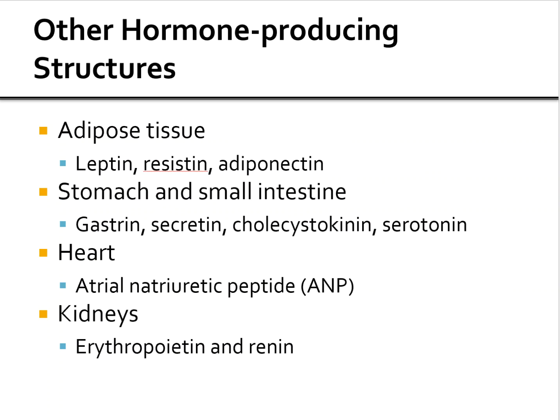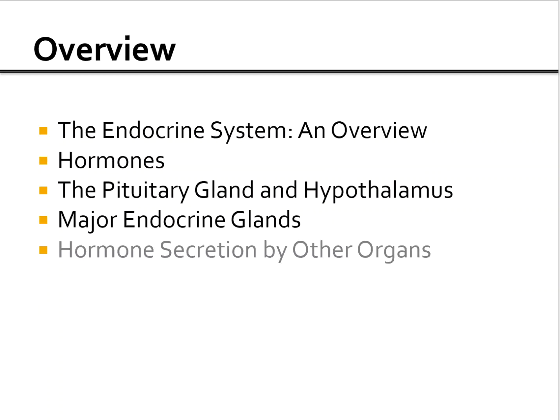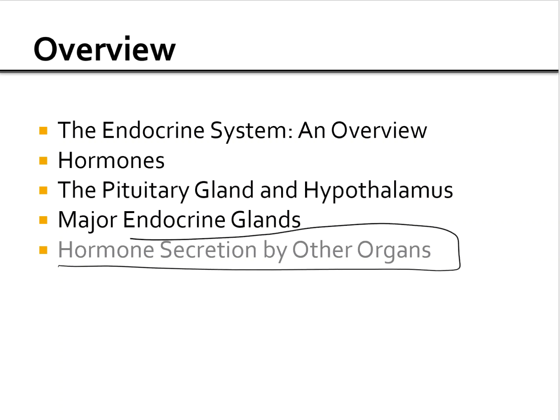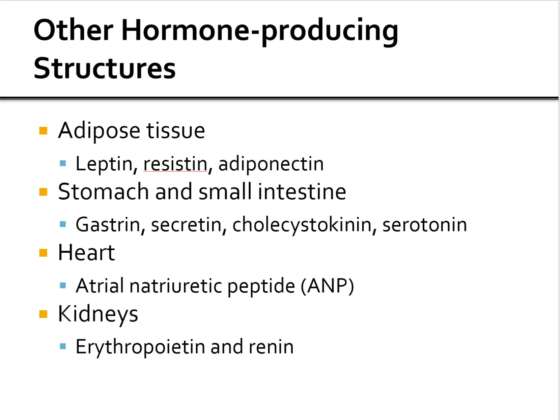Now, at the very beginning of our PowerPoint, we talked about this outline, and what you saw in this light gray area were hormones secreted by other organs. I'm not going to go into substantial depth here because we will highlight some of these as we move through this semester, but what we just talked about in the bulk of this chapter are the endocrine organs and the hormones secreted by those endocrine organs.